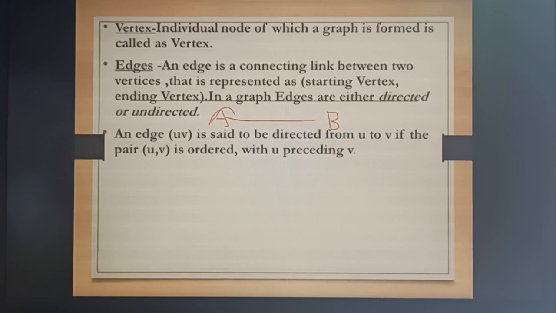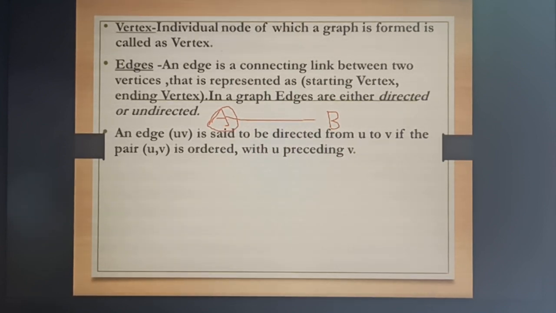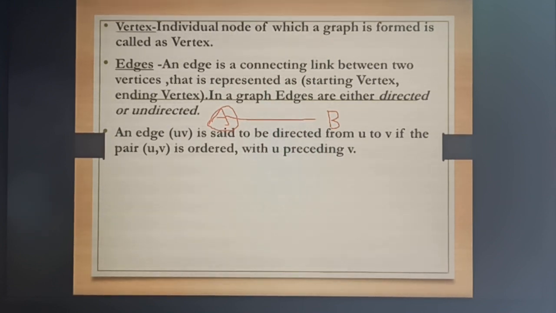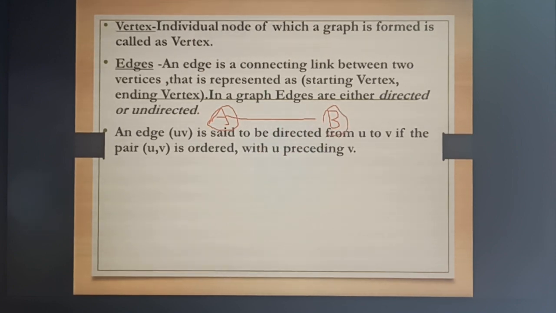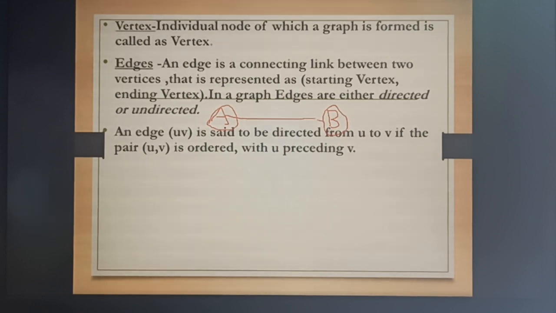Here A is one vertex and B is also one vertex. A is the starting point of the edge AB and B is the ending point of the edge AB. So the edge is AB, the starting vertex is A and the ending vertex is B.